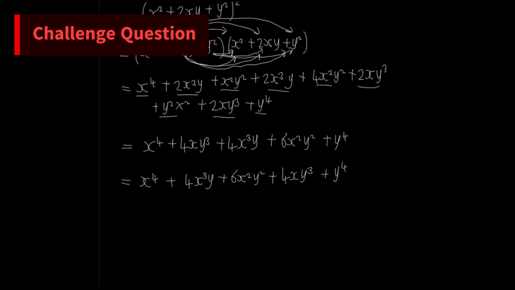There we go. So coefficients here are 1, 4, 6, 4, 1. So it's like a mirror. Now this is a result of Pascal's triangle, and we'll see this result but more generalized to higher powers when we come to meet the binomial expansion. So yeah, that's the solution to this question.